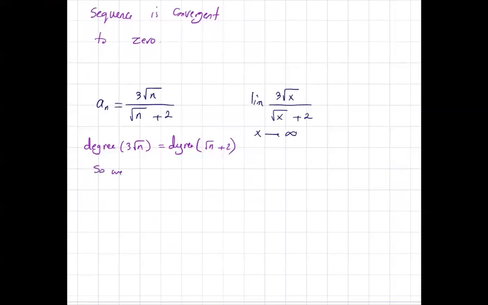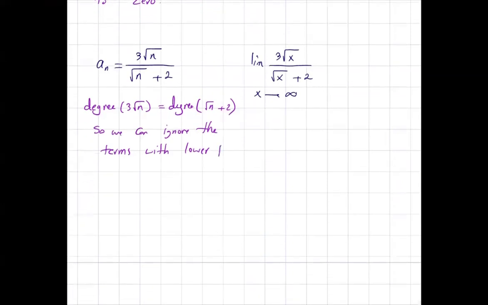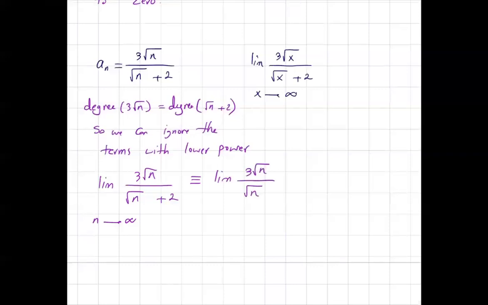so we can ignore the terms with lower power or lower degree. What do I mean by that? It means that the limit of 3 square root of n divided by square root of n plus 2 as n goes to infinity is the same as the limit of 3 times square root of n divided by square root of n.